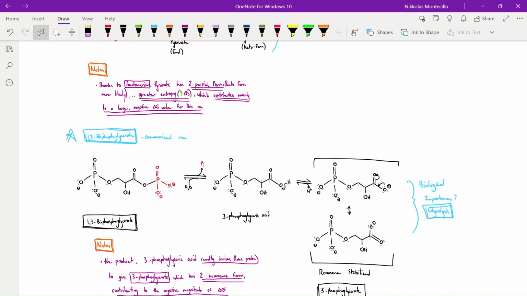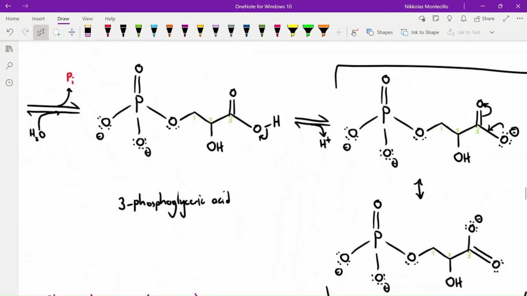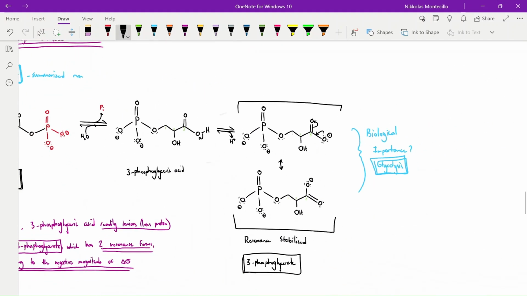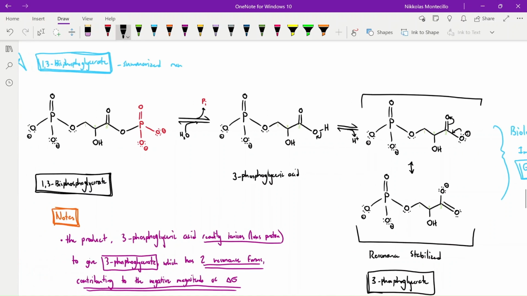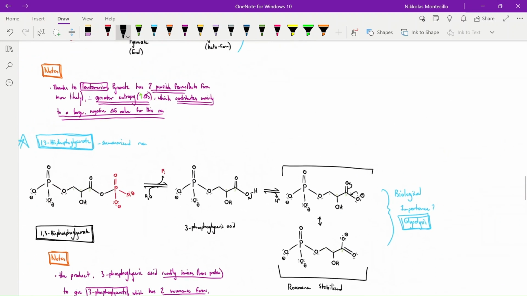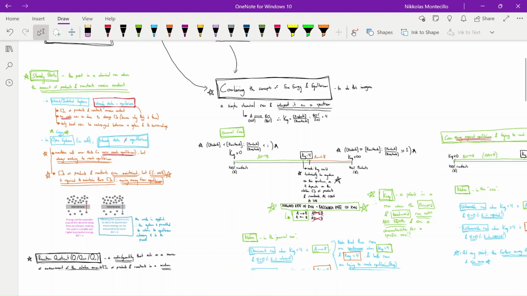And what we see here is that once this proton leaves and becomes a hydrogen ion, the reaction is also stabilized by resonance. So this is also a common pattern that we find here, that resonance tends to occur.